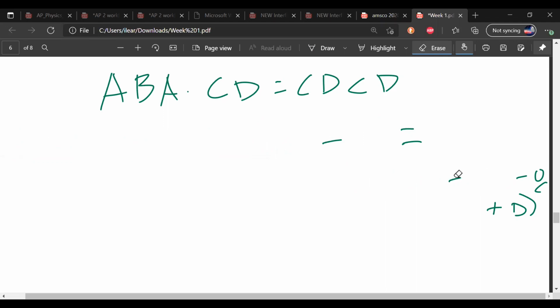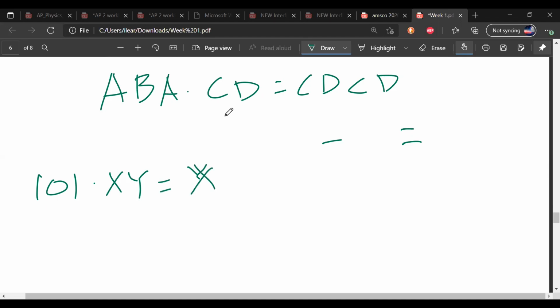Basically what this means is that ABA is equal to 101. See, there's a special property of 101 such that 101 times any 2-digit number, let's just call it XY, is equal to XY. We can see this for ourselves here.